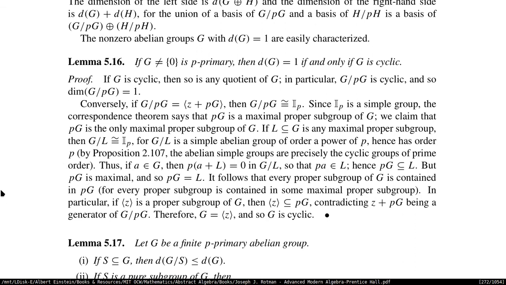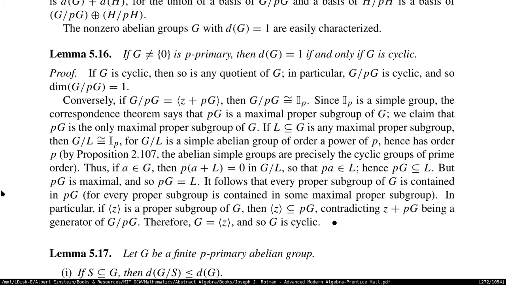Yes, the maximal element of the set of subgroups, with respect to the partial order of containment, if we are to be precise. So they say PG is the only maximal proper subgroup of G.